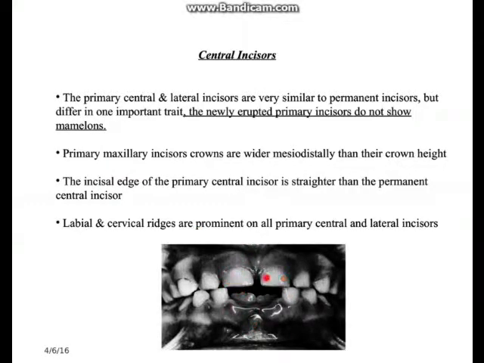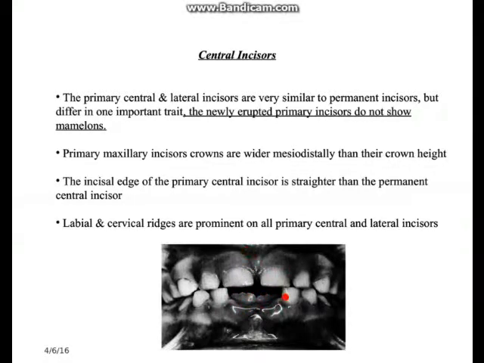So you can see the upper centrals are flat, they're wide, they're short, they're like little chiclets basically, right? And you can see over here, the lower central incisors have mamelons, and those are the permanent ones. You can tell right away they're bigger in size, they have mamelons, they have more anatomical features than the primary teeth.